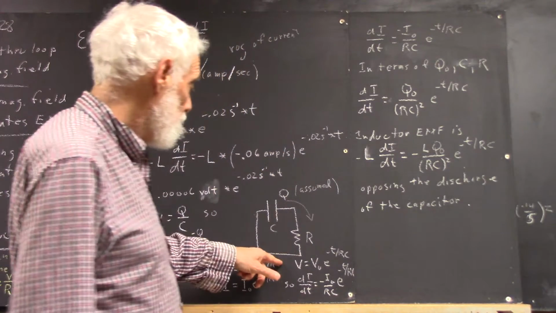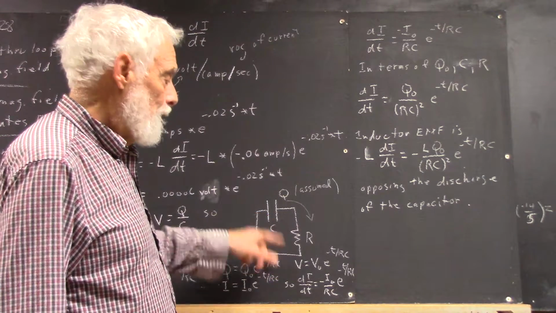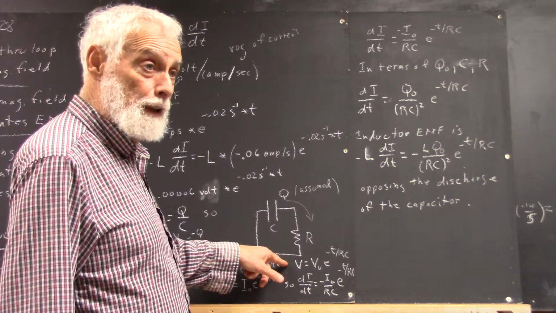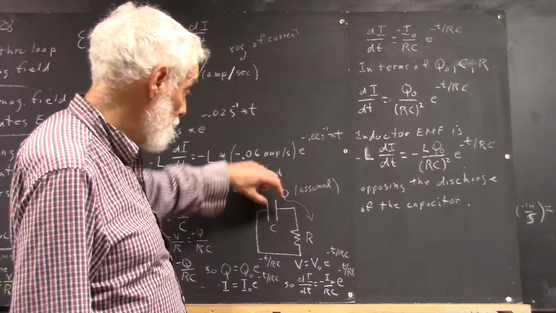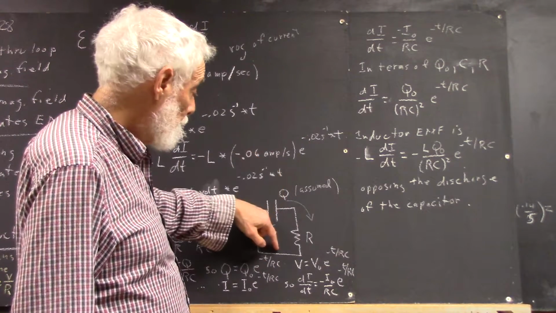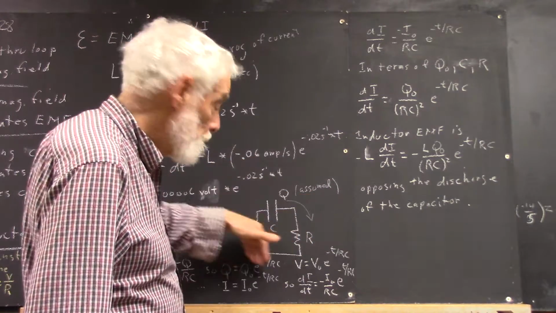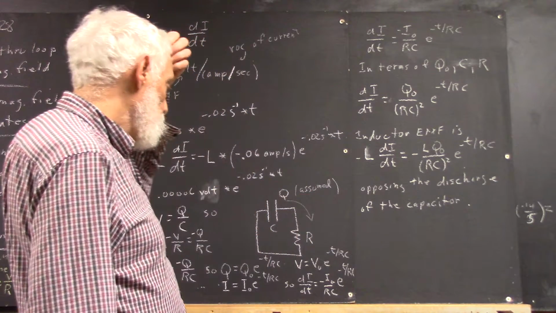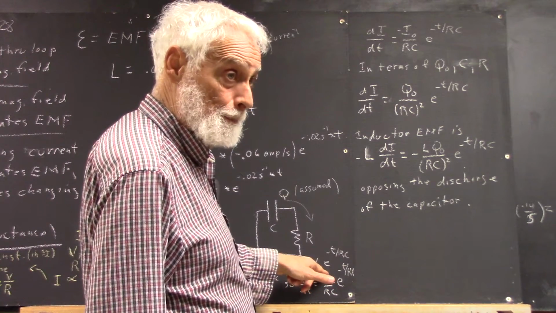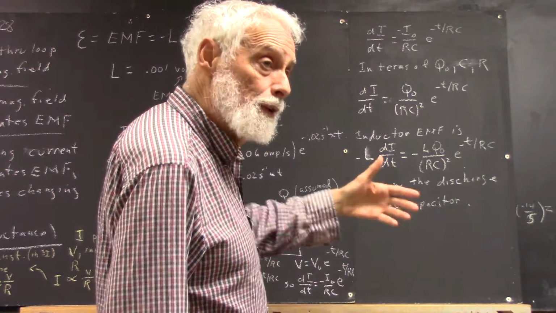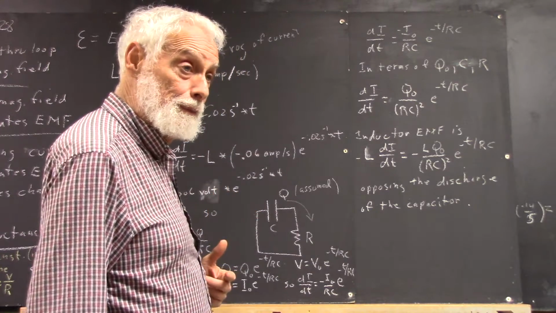But if you have an initially uncharged inductor here, it's not going to develop an EMF that drives current the wrong way. The only thing driving the current is this, and all the inductor can do is oppose the change in current. And what this means is that you're going to have a slower change. Okay? It's going to retard the discharge of the capacitor and slow things down.